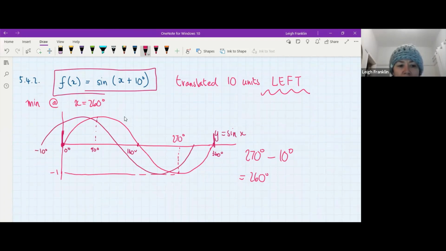Instead of this maximum being at 90, the maximum is now going to be at 80. This x-intercept is going to be at 170. This minimum over here is going to be at 260. This x-intercept over there is going to be at 350. So the minimum value, now that the graph has been translated 10 units to the left, is now at 260 instead of at 270.